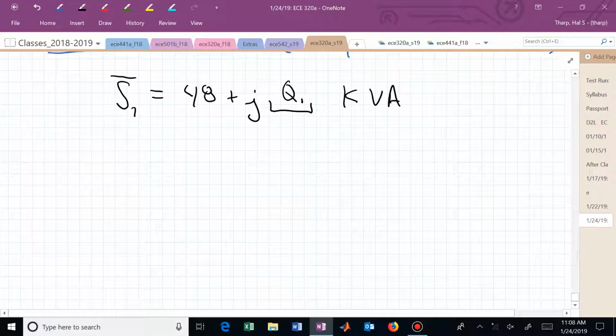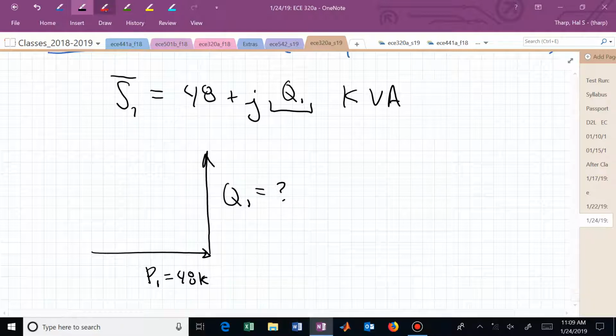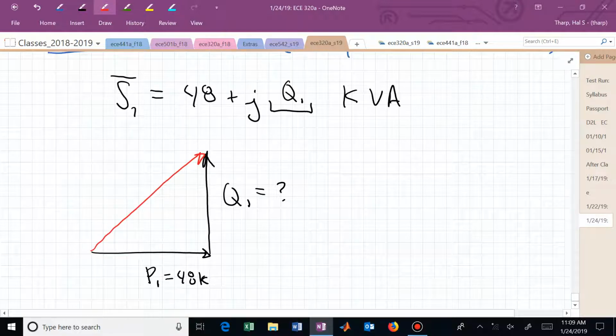We now have P1 of 48K. We want to find what is Q1, and that will then take us to finding this length of S1 and this angle of load 1's impedance, theta 1.